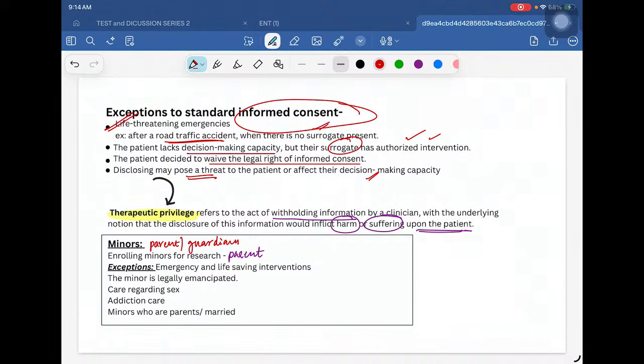What were those? First one is emergency and life-saving conditions, same as the adult population. Second one is if the minor is legally emancipated, or care regarding sex, like STIs or contraception or pregnancy care. Okay, addiction care, like drugs and alcohol.